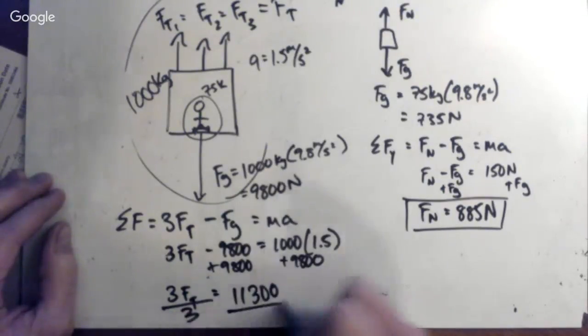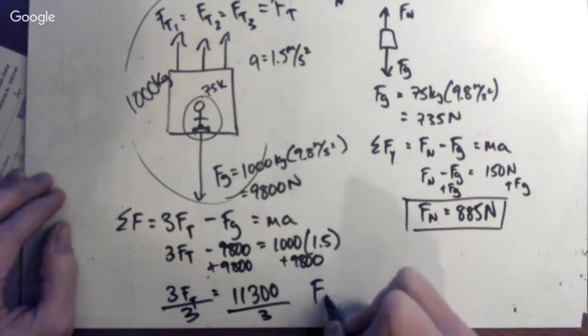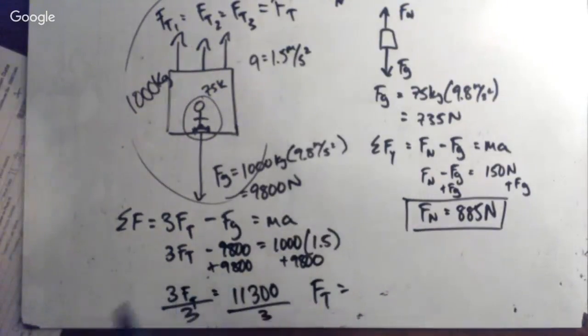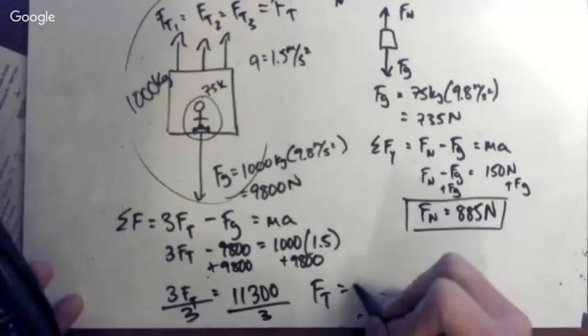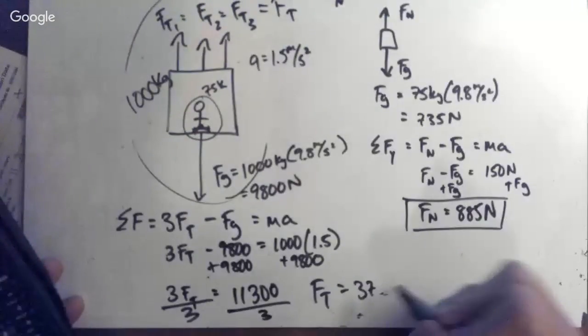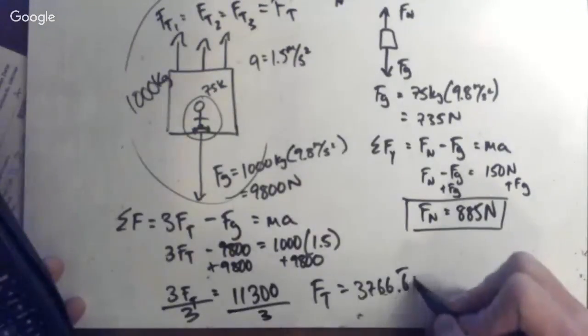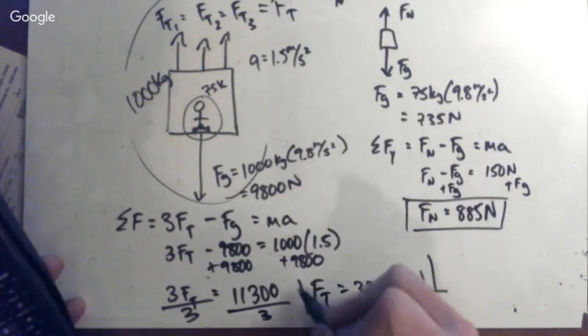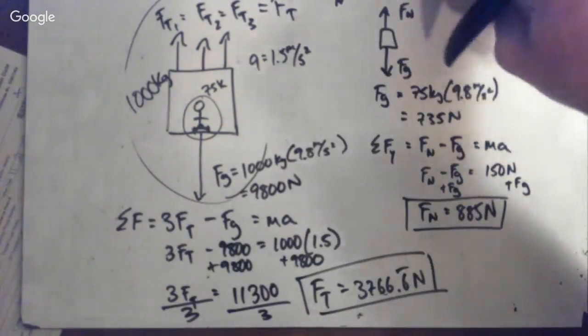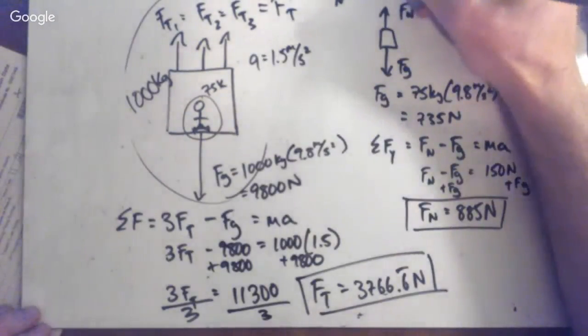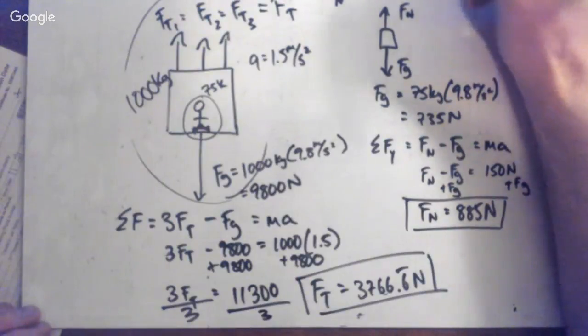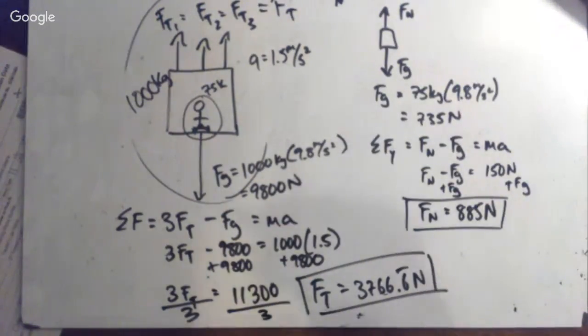Divide both sides by 3, and the Ft of any one of them is equal to 3766.6 newtons. Okay. That one is an L problem.